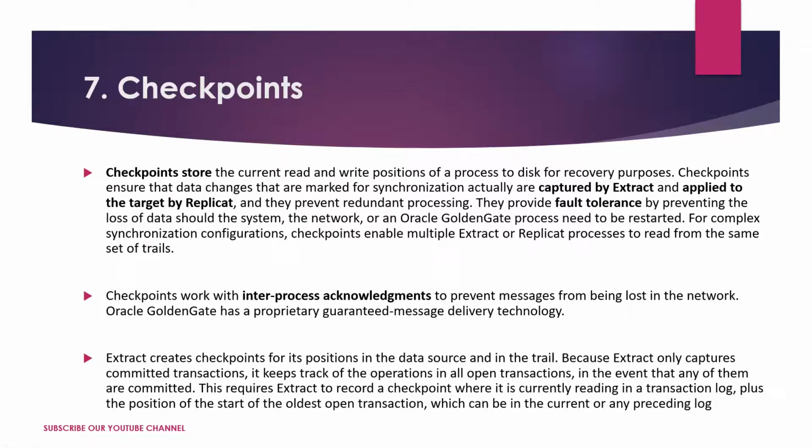So inter-process acknowledgements are very important. Extract creates checkpoints for its position in the data source and in the trail. Because extract only captures committed transactions, it keeps track of the operations in an open transaction in the event that any of them commit.